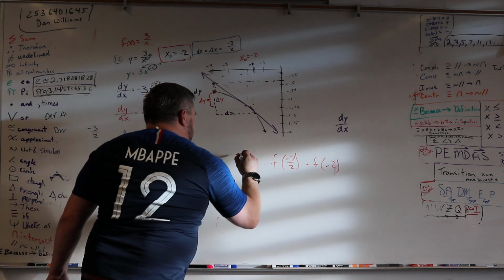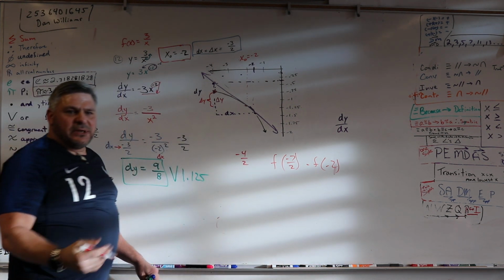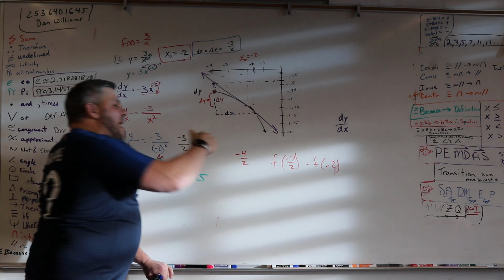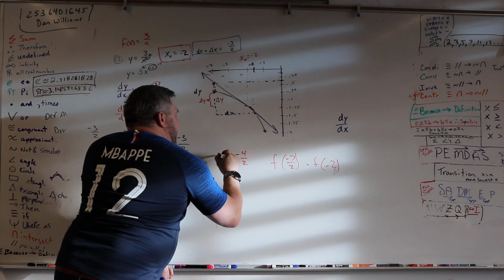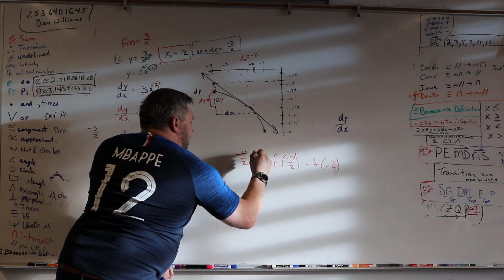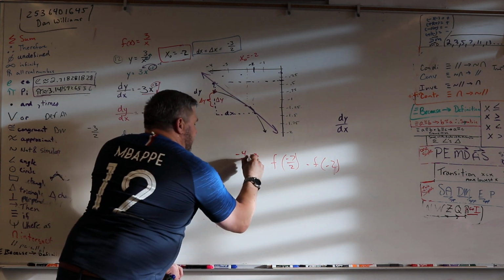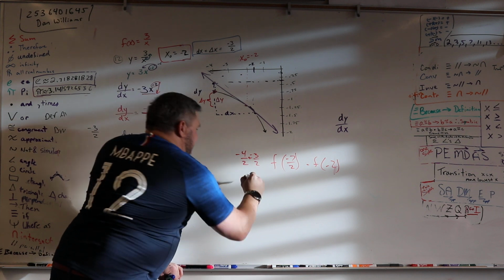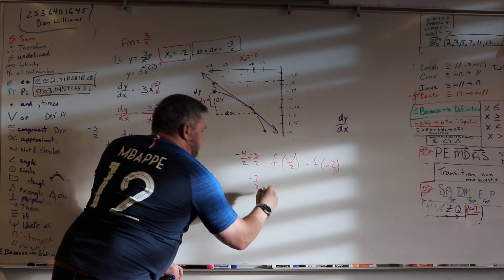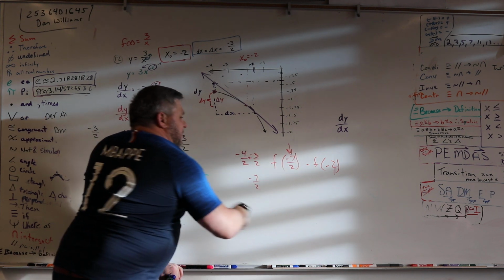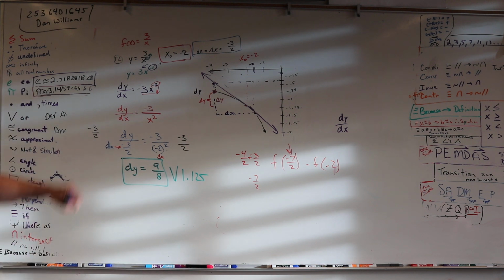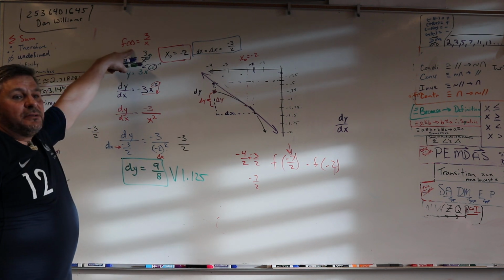Negative 2 is really negative 4 over 2, right? When you subtract 3/2 from that, then you're really adding negative 3/2. So it becomes negative 7 over 2. And so that's the number that you're actually putting into the original function.